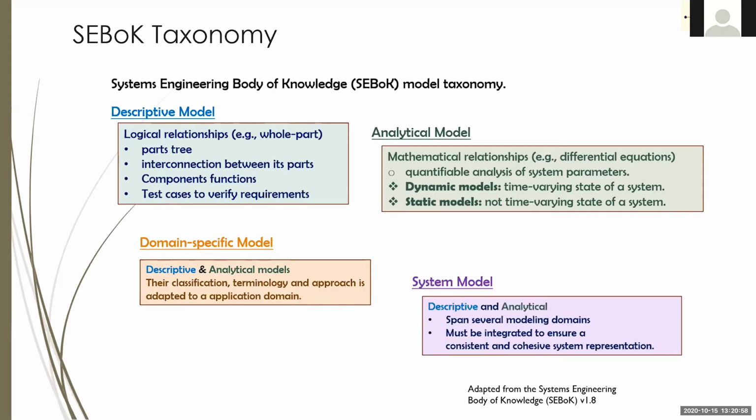Now, talking about the system model, they are telling us that you can also have descriptive and analytical models. Those models can span through different domains. So let's talk about a car. We may have models from the mechanical engineering point of view. You may have models for electrical engineers.